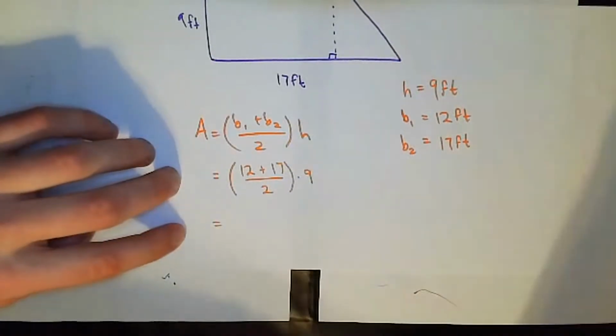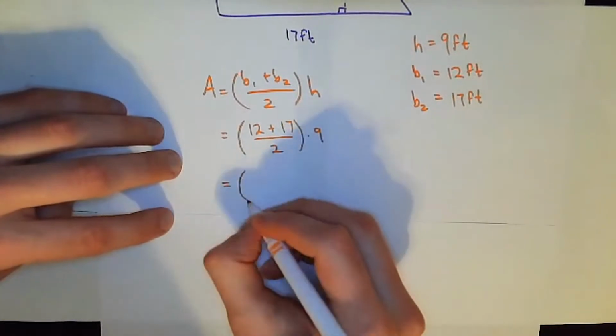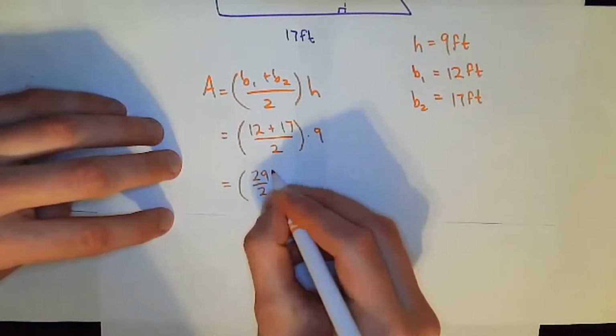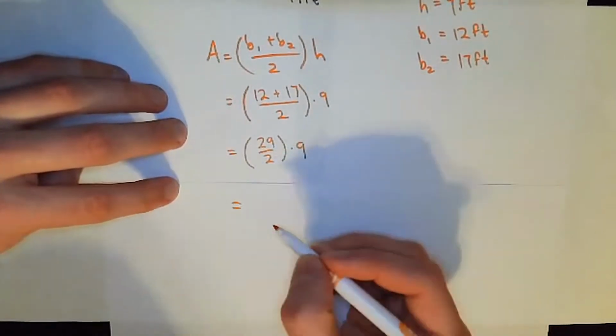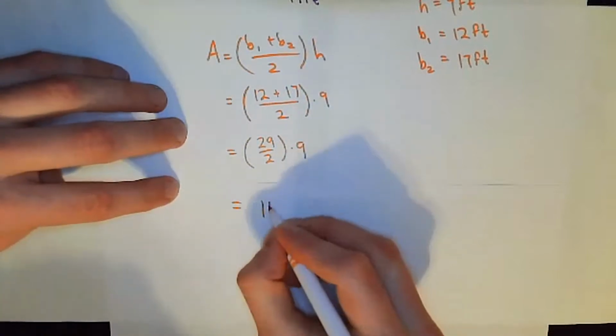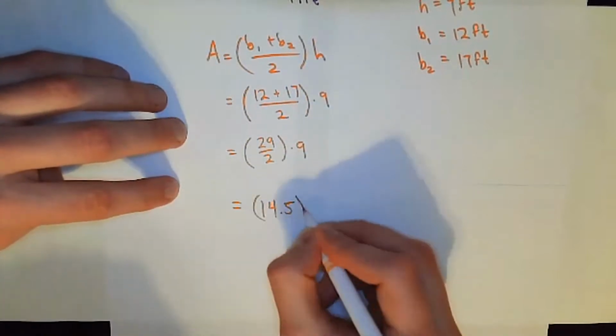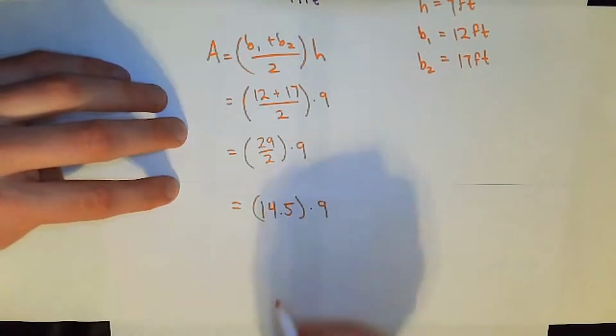That's all right. 12 plus 17 is 29, still over 2, then times 9. 29 divided by 2, just pop that into the calculator, you're getting 14.5. Some fractional amount, that's all right, and then multiply it by 9.